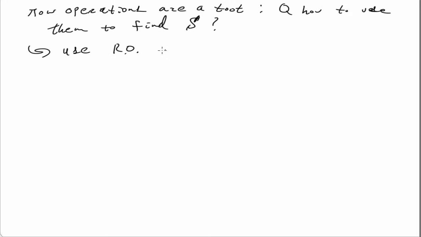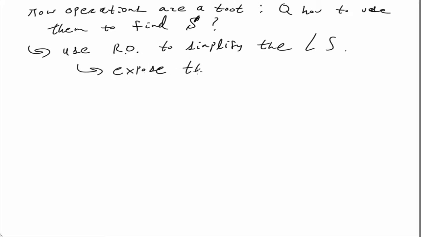We have to use row operations to simplify the linear system, and therefore expose the solution space. Okay, so how do we do that? And the goal then, and this is called Gaussian elimination.